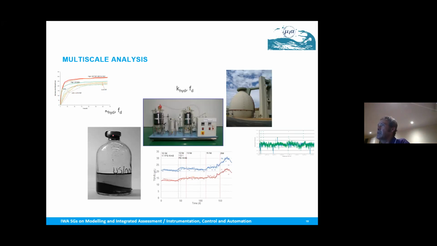Looking at the parameters you obtain from a batch test versus the parameters you obtain from a continuous reactor versus the parameters you might obtain from a full-scale reactor, you should get fairly consistent parameters. It will be slightly conservative in the batch reactor because batch reactors tend to be not as effective in terms of speed as a full-scale reactor, because the biomass is not acclimatized, it's not as well mixed, etc. But there are now methods to estimate these input parameters across all three domains.